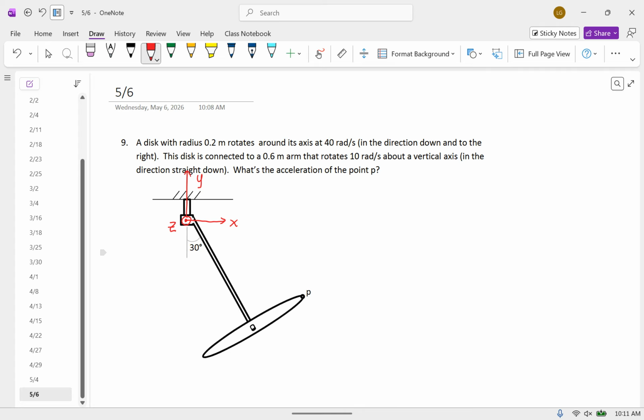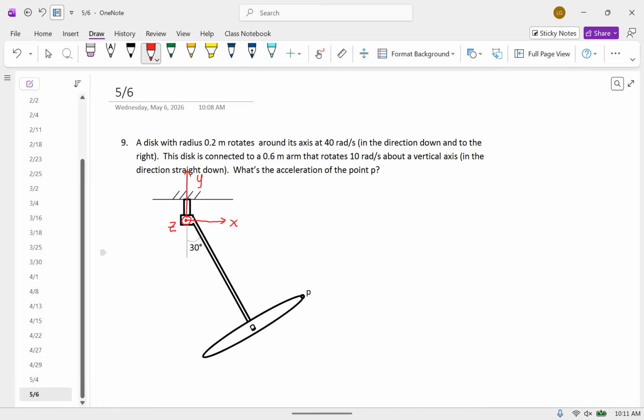Okay, I wrote down the coordinate system before I talked about this, but there are two bodies here. One is the piece that rotates around the y-axis and has the downward diagonal piece. That's the horse in this problem.